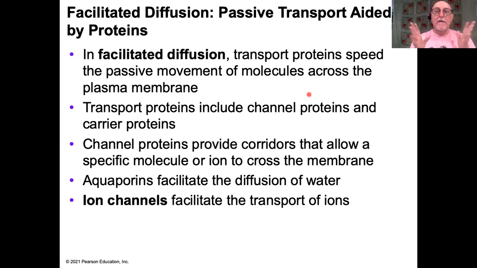So, for example, if I've got a high concentration of sodium on one side of the membrane and a low concentration of sodium on the other, and I need a higher concentration on the inside, then all I have to do is open a sodium channel and allow the sodium to move. And it will move in the direction of its concentration gradient.